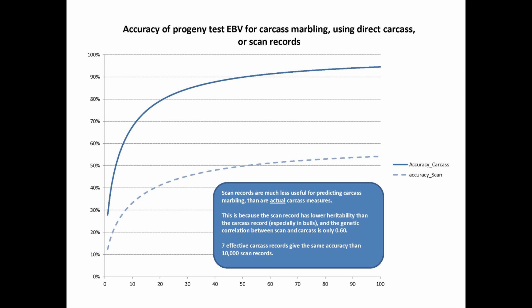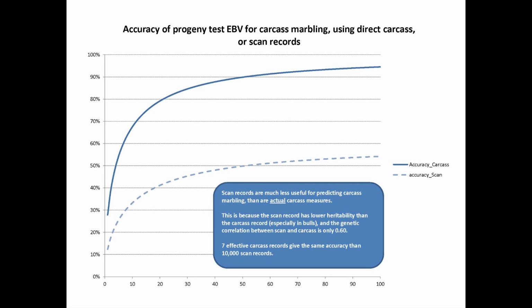The reason for that is, remember, we're trying to get an EBV for carcass marbling itself, and we've either got the direct measure on the progeny or we've got scan records, and the genetic correlation between those two traits is only modest. It's about 0.6 in heifers and less than that in bulls.